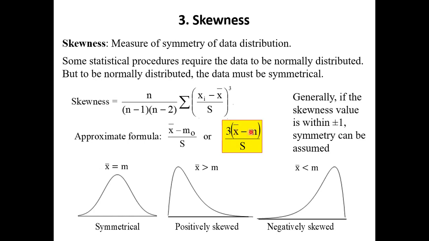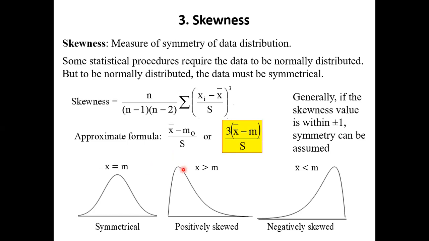When x bar and m are equal, for example x bar is 20, m also 20, 20 minus 20 is going to be 0. So when it's 0, we have symmetry. When x bar and m are equal, this value is 0. 0 means the data is perfectly symmetrical. So what are you using here? X bar, m, and standard deviation.